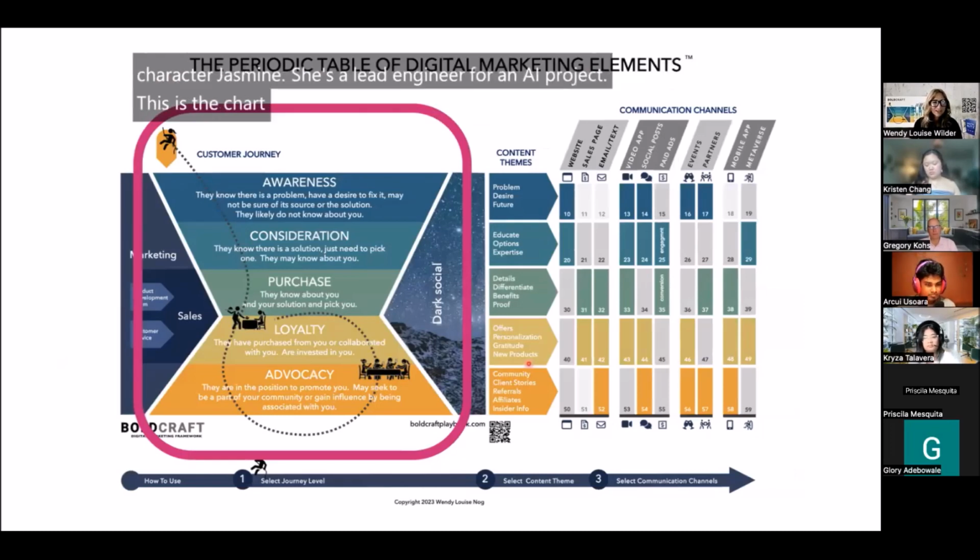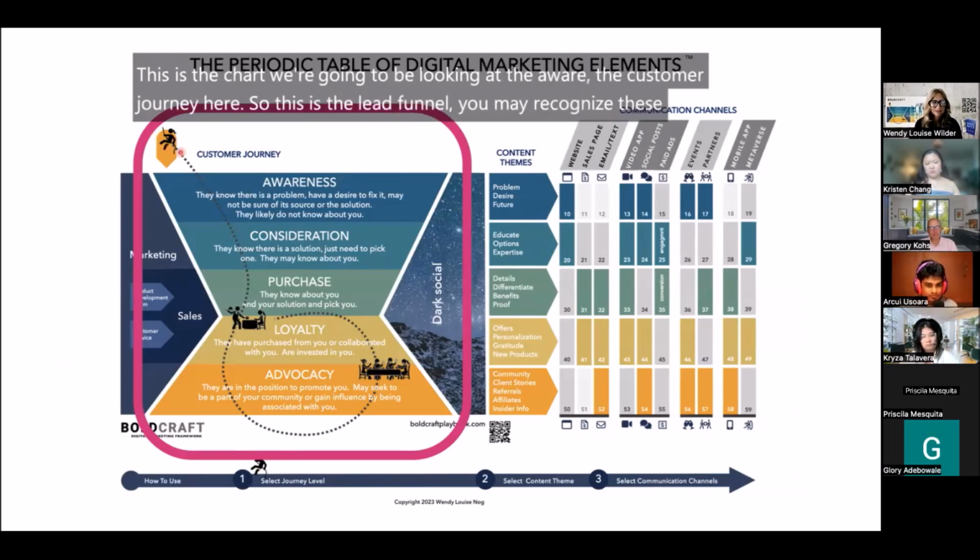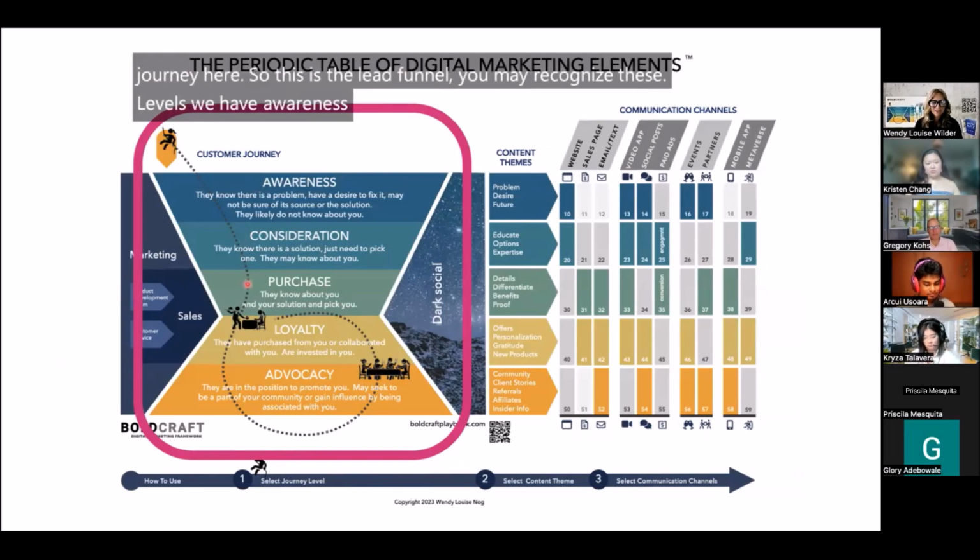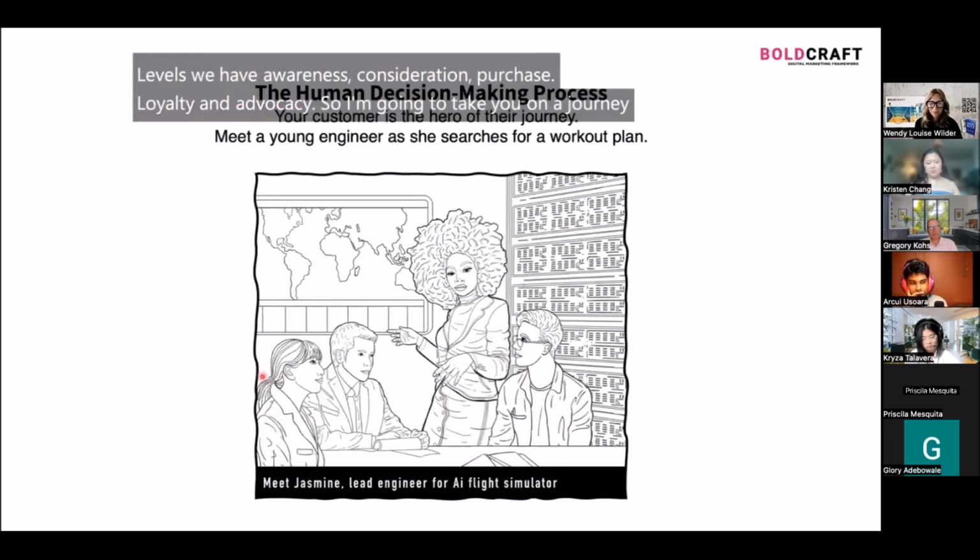We're going to be looking at the customer journey here. So this is the lead funnel. You may recognize these levels. We have awareness, consideration, purchase, loyalty, and advocacy. So I'm going to take you on a journey with Jasmine of going through that process.